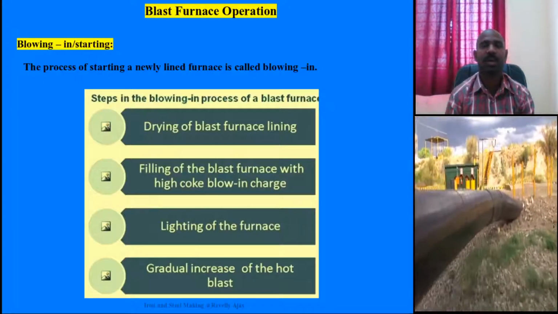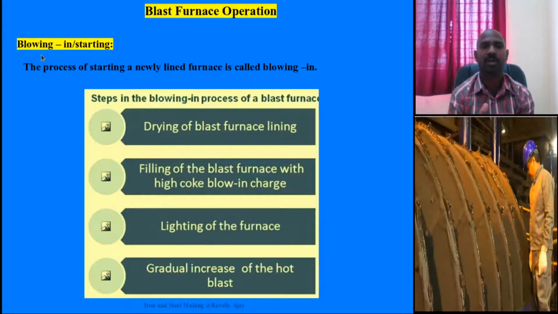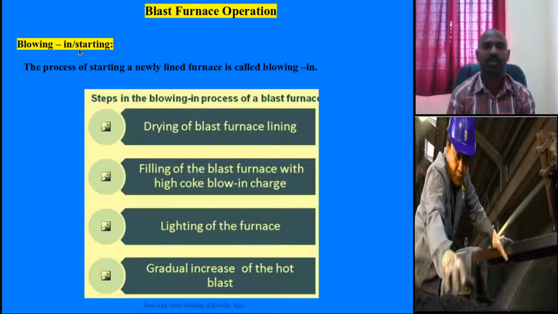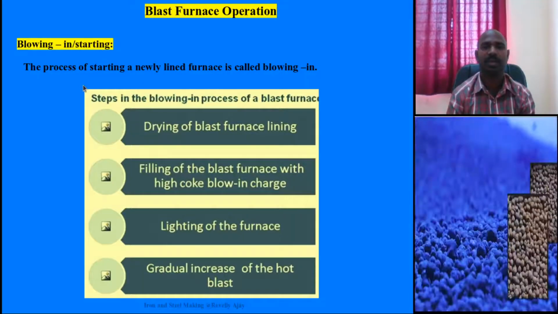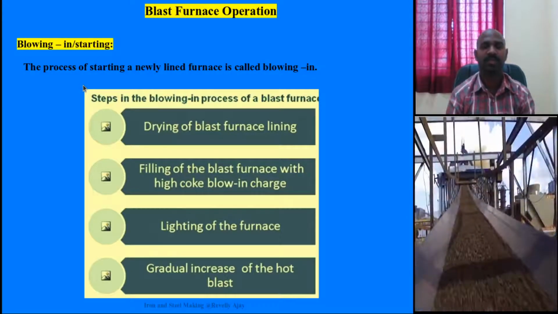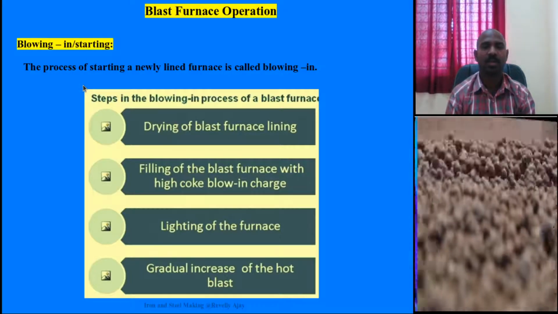Now coming to the blast furnace operation, the first step we call blowing in or blow in, or we call it the starting process. The process of starting a newly refractory lined furnace is called blow in.